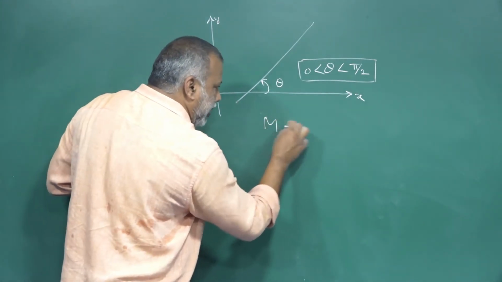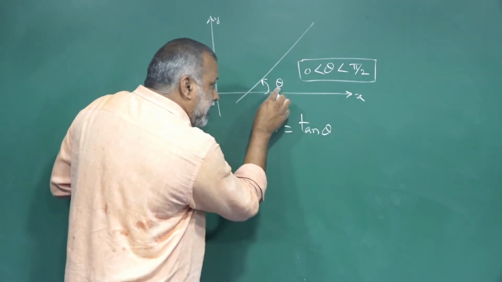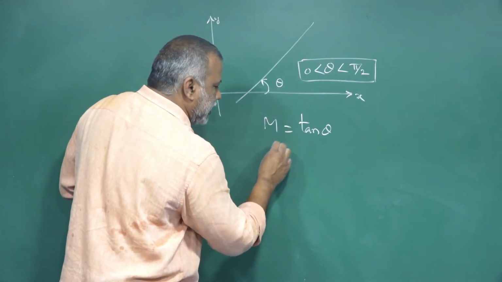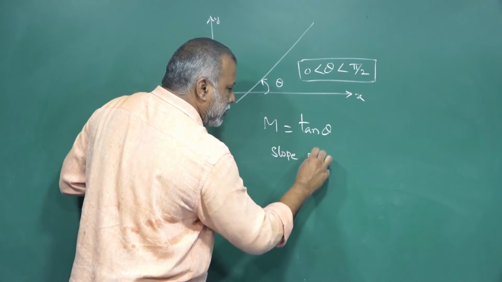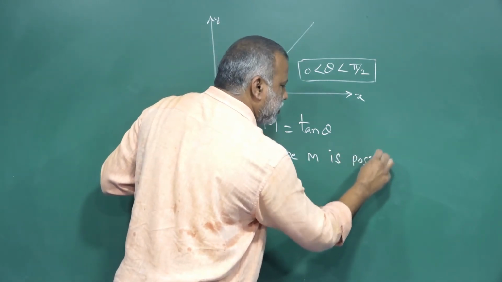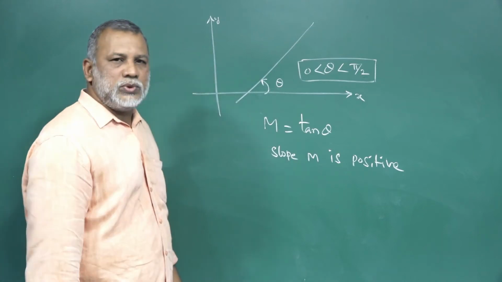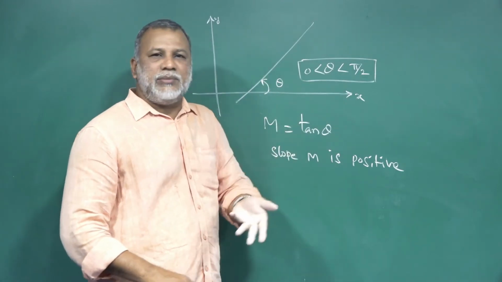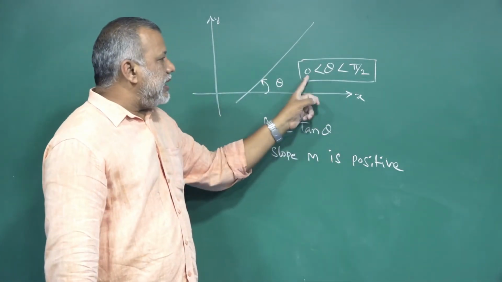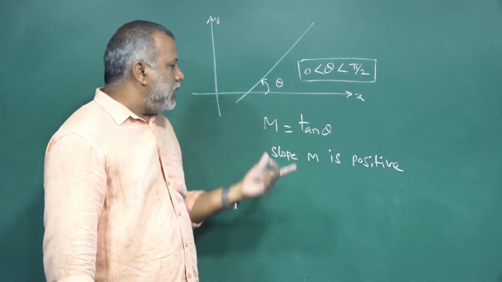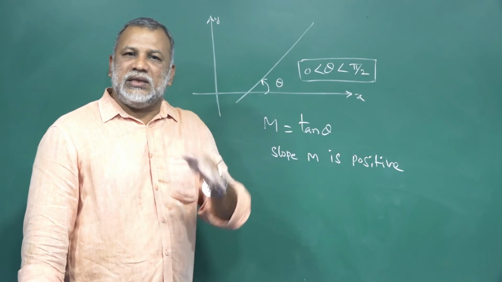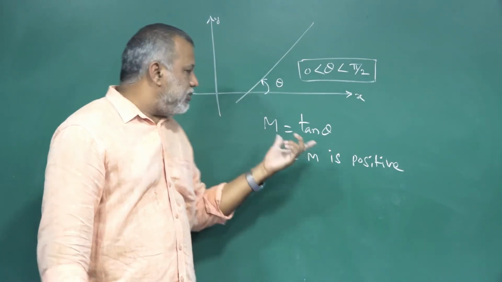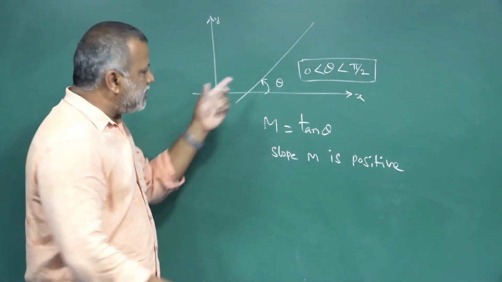Therefore, slope m equals tan theta. Since theta lies in the first quadrant, it will produce a positive answer only. So m is a positive slope. By the ASTC concept in trigonometry, A means all trigonometrical ratios are positive in the first quadrant.